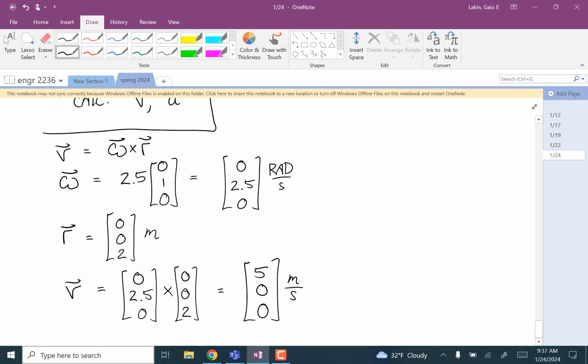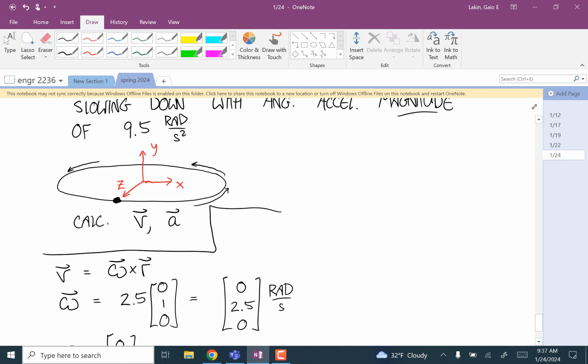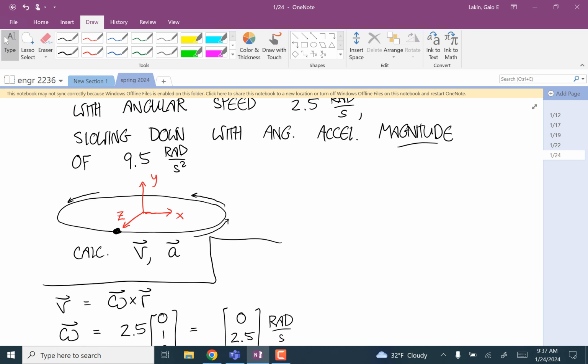Now look at that, it's in the positive x direction. Does it make sense that the velocity vector of this point on the carousel is moving in the positive x direction? Yeah, that's perfect. So this cross product is going to do all these directions for you, although it's very helpful to keep the meanings of directions in mind so you can sanity check it as you go. Like, does it make sense that velocity is that way?